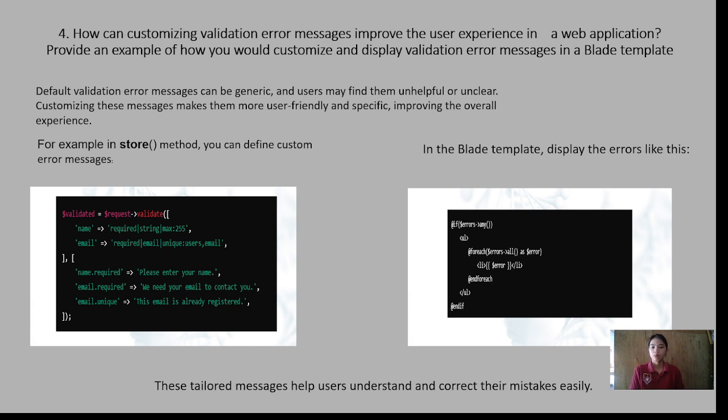Customizing these messages makes them more user-friendly and specific, improving the overall experience. So for example, in a store method, you can define custom error messages, like in this code. And the Blade template displays the error like this. So with these tailored messages, users understand and correct their mistakes easily.